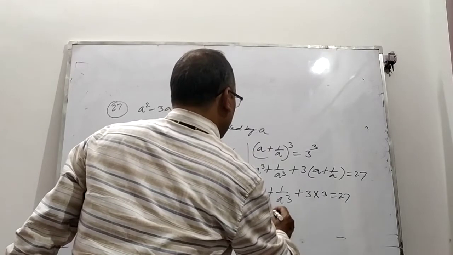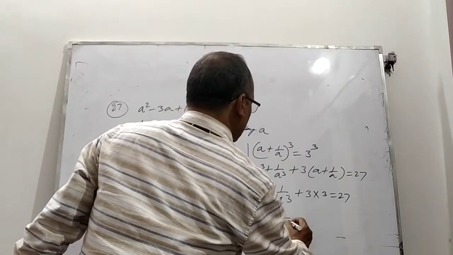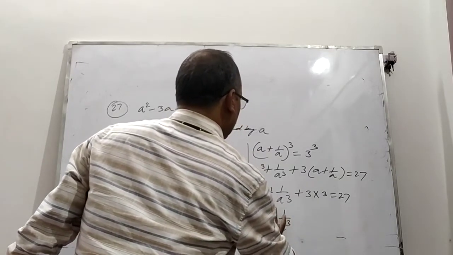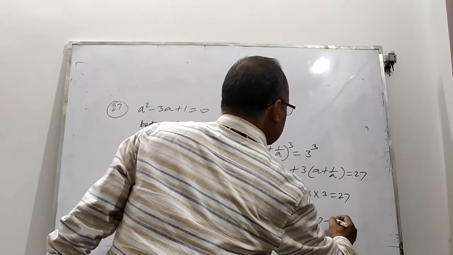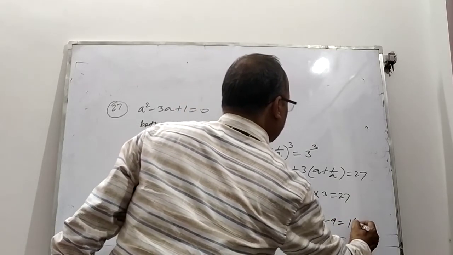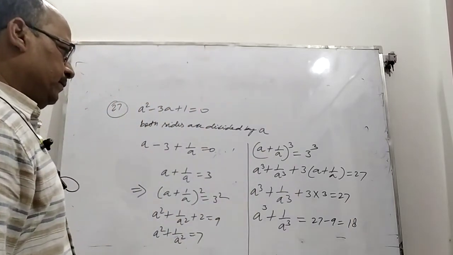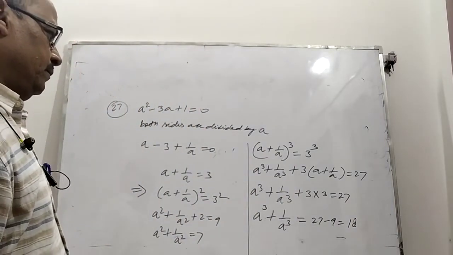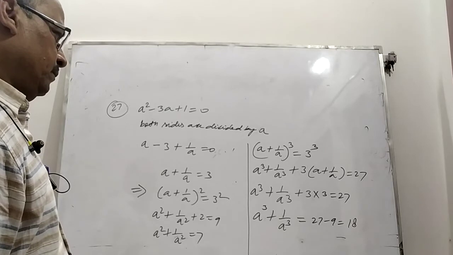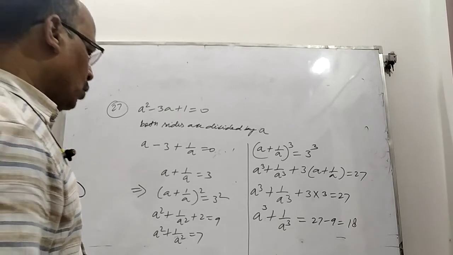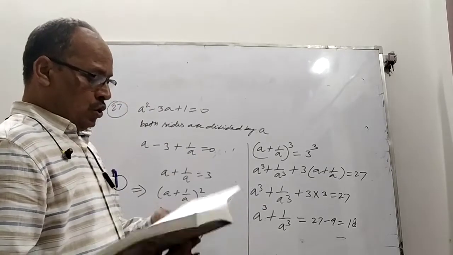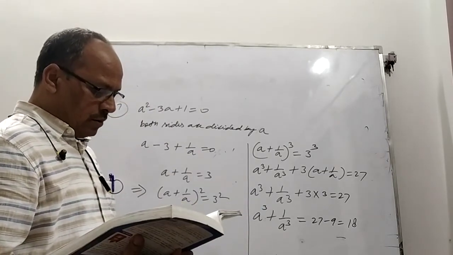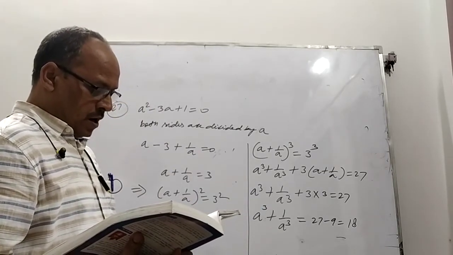So a cube plus 1 upon a cube equal to 27 minus 9 equal to 18. Okay, this is clear. So in this way you will try to solve the questions up to 29.